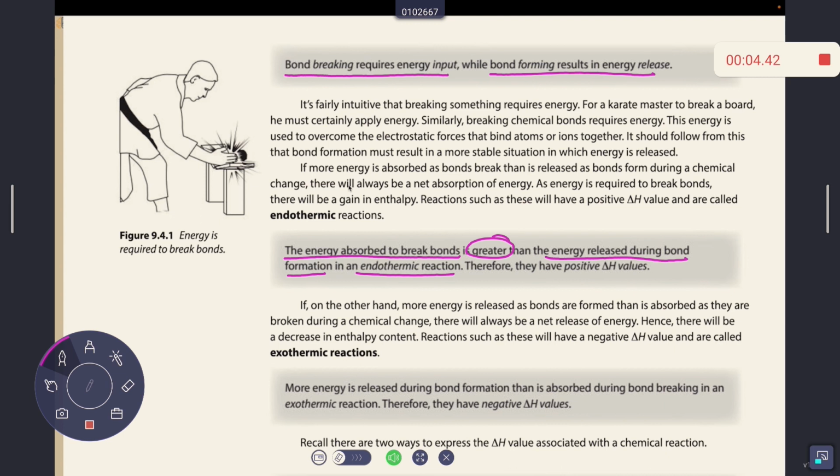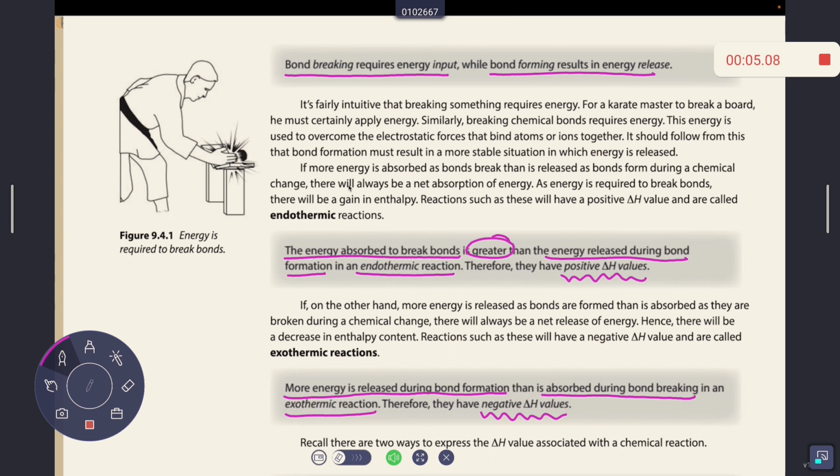Okay? And endothermic reactions, as we said before, have positive delta H values. On the other hand, if more energy is released when bonds form than is absorbed when bonds break, you will have an exothermic reaction, and exothermic reactions have negative delta H values.